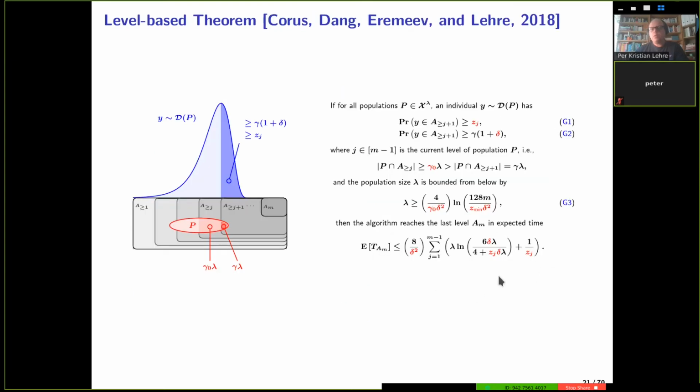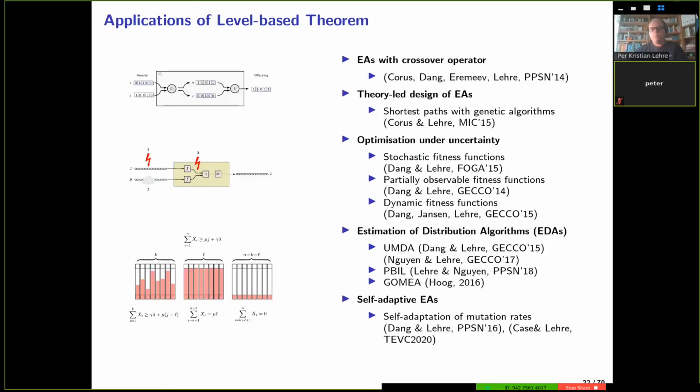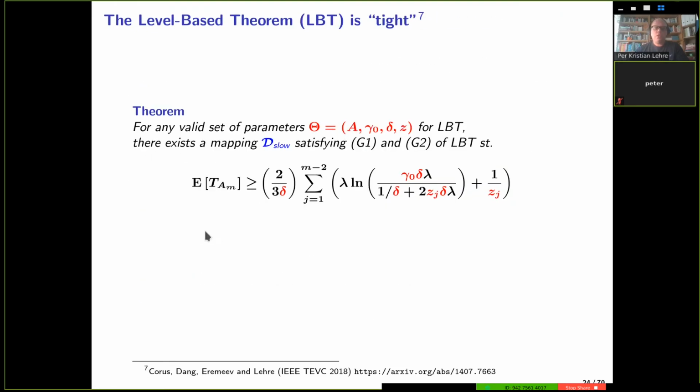It could be that you have been very inaccurate in computing these upgrade probabilities, for example. So there's another theorem, a lower bound. It says that for some given parameters A, gamma naught, delta, and Z, there exists at least one algorithm that satisfies conditions G1 and G2 for these parameters, that has runtime at least this.